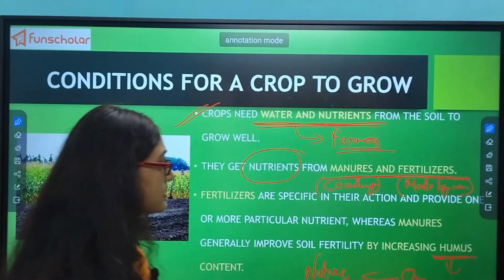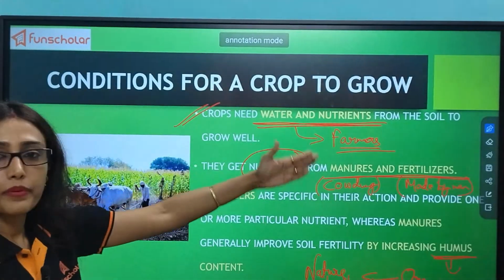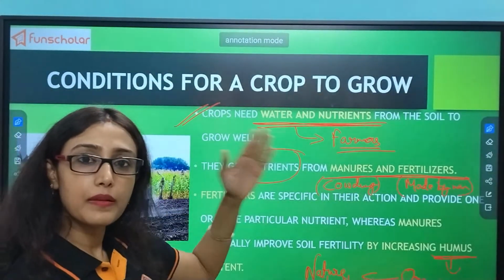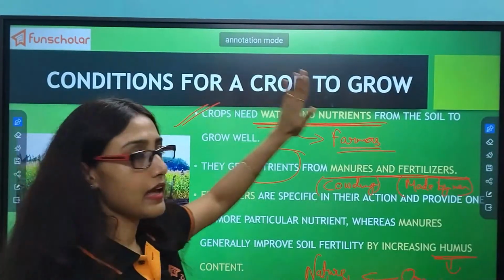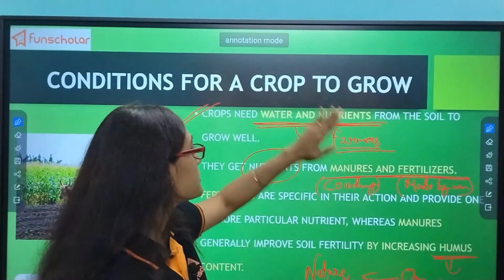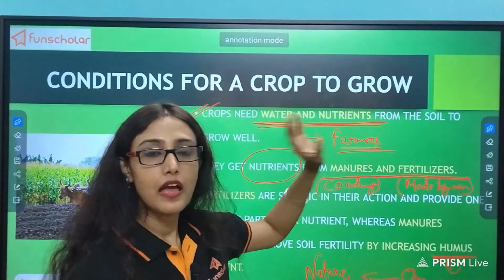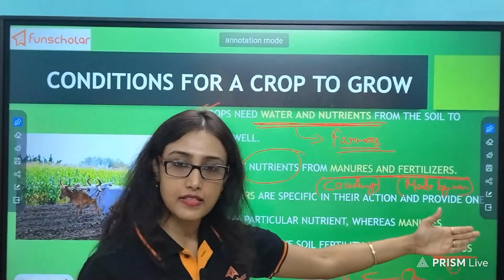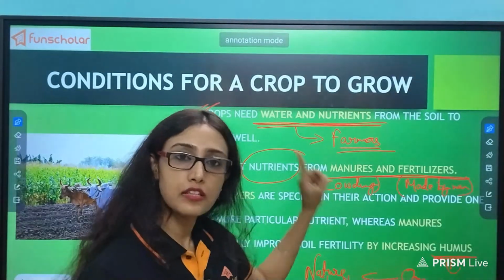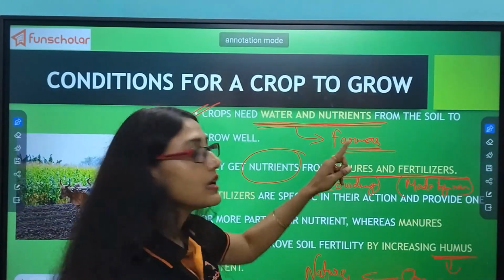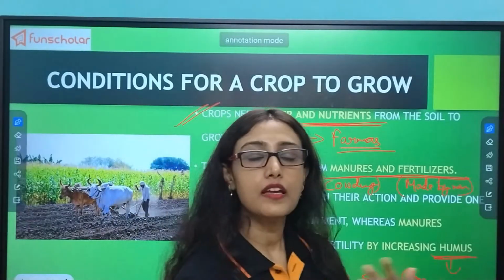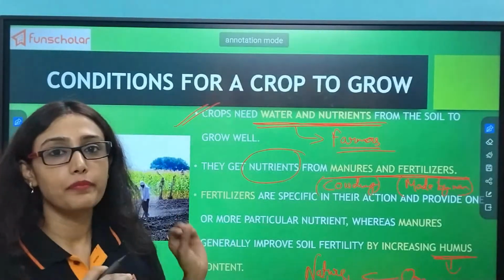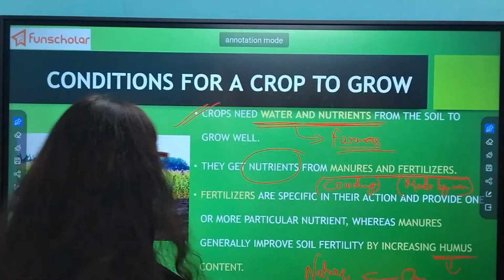Okay, understood how conditions of crops are different from conditions of a simple plant to grow? They need the help of farmers. The farmers provide water, nutrients, and how are the nutrients provided? They are being provided through manures and fertilizers. Fertilizers provide nutrients, whereas manure increases the fertility of the soil so that the nutrients can be absorbed by the plant. Understood? Okay.